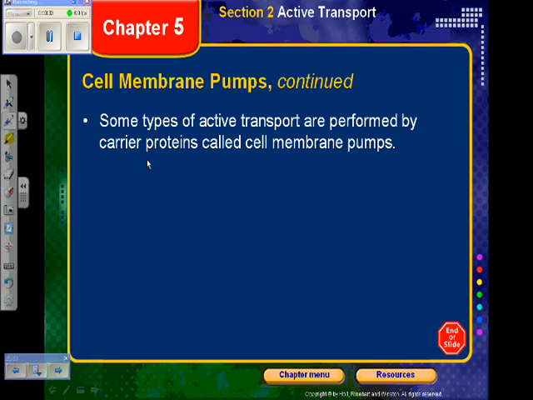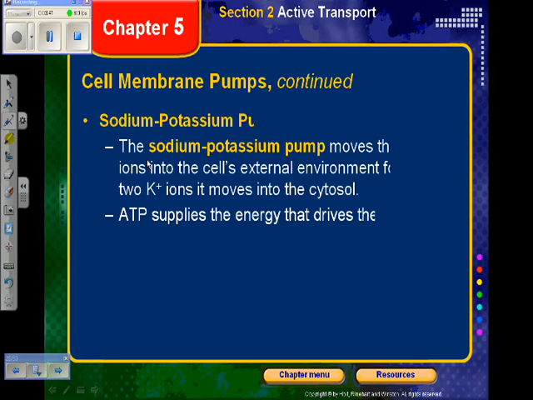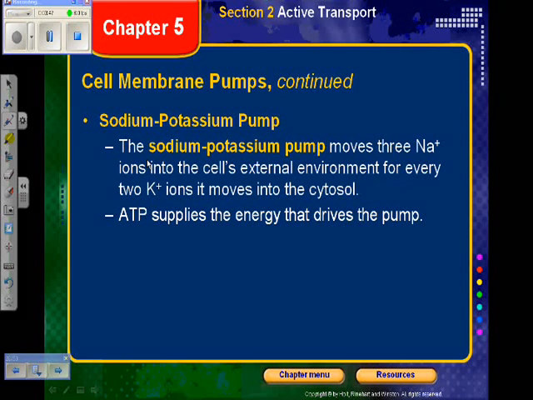So active transport sometimes happens by a carrier protein in the membrane called a pump. And one of the very famous ones that we have to learn about because it's absolutely essential for life is the sodium-potassium pump. And let's first learn about what it does, and then we'll show you some examples of how it's used in the body.